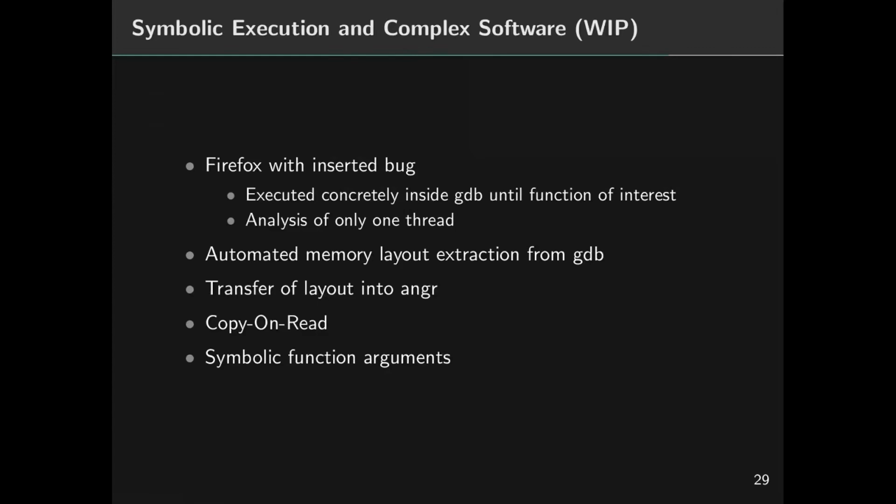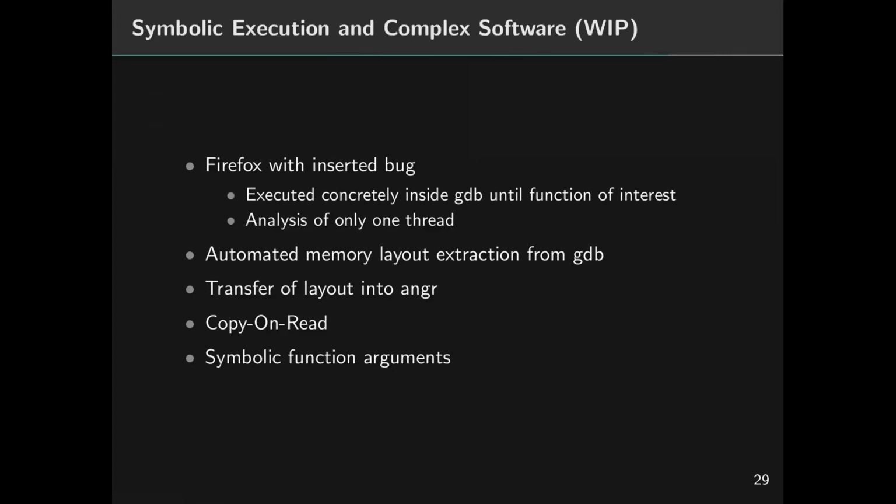We analyze only one thread, and once we hit the interesting function, we automatically extract the memory layout from GDB, not the memory, and copy just the layout into angr, while the memory contents themselves are copy on read.